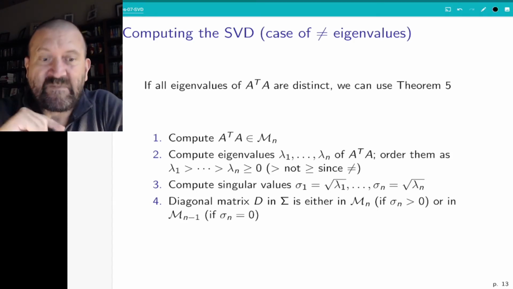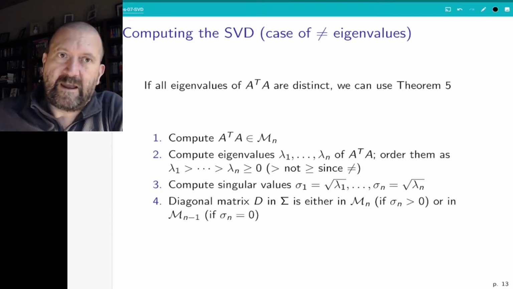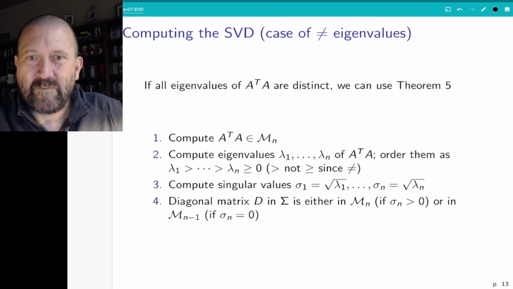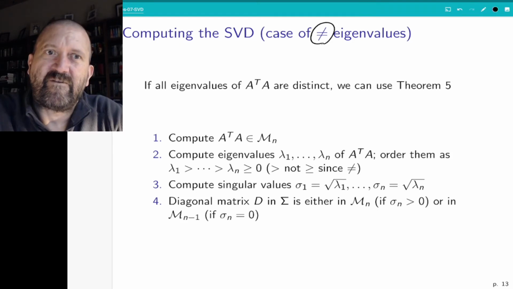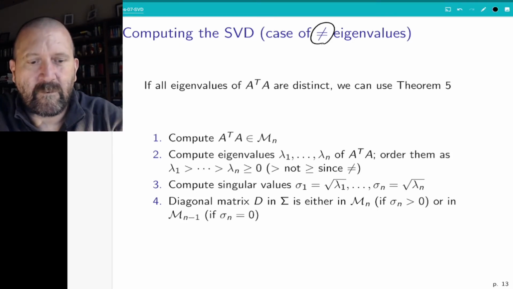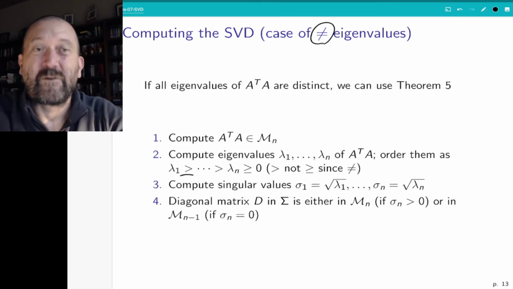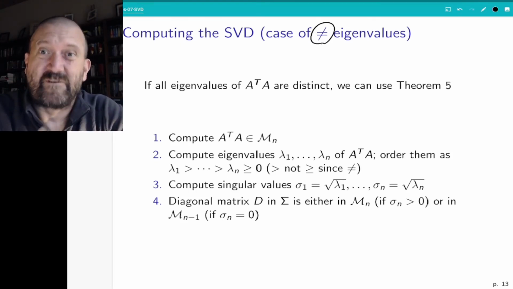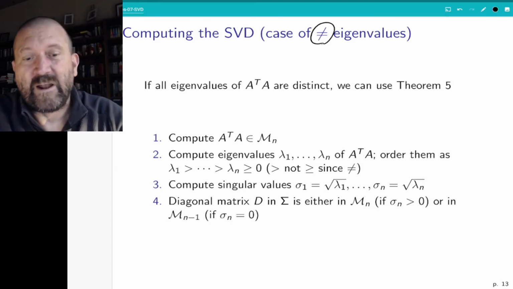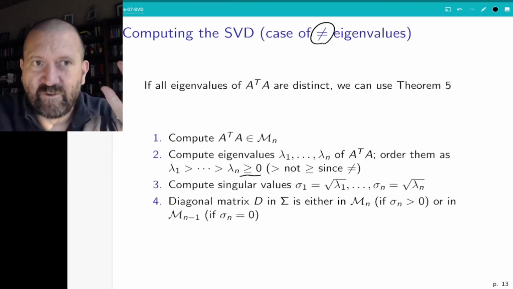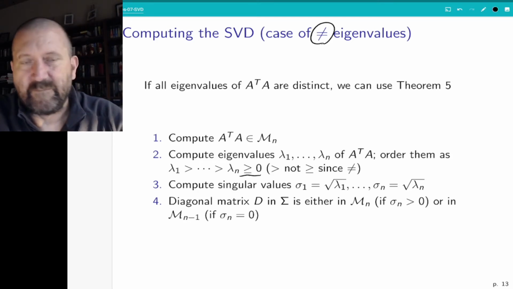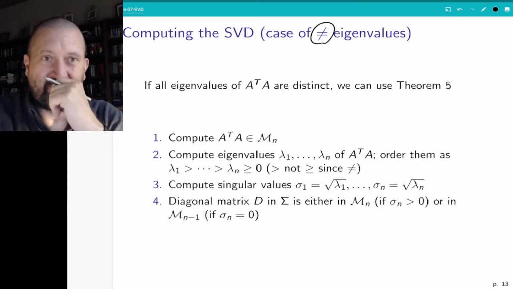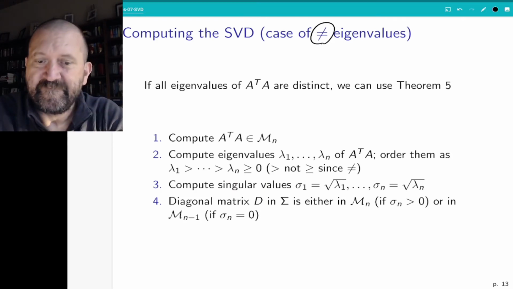You order them from lambda 1 to lambda n. Remember, I'm working under the assumption of distinct eigenvalues. That means that all of those inequality signs are strict, because no eigenvalue equals another eigenvalue. The last one could be 0. That's possible. Lambda n could be 0, but that's the only one that could be 0, because I'm assuming that they're not equal, and I know they're non-negative.